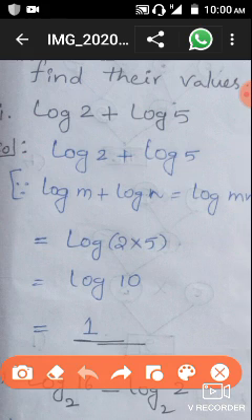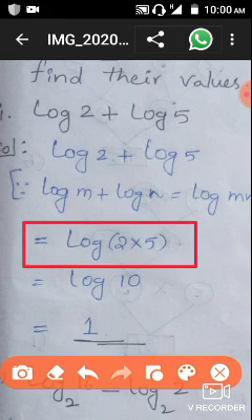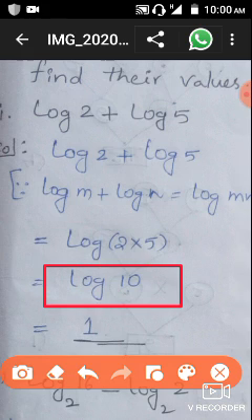So we can write log 2 into 5. 2 into 5 is nothing but 10, so in the next step we write log 10. The base is not mentioned in the question, so we consider it as 10. So log 10 for base 10 equals 1.